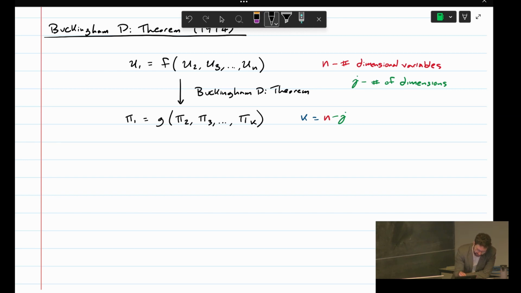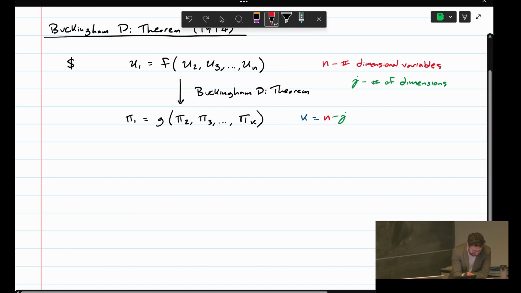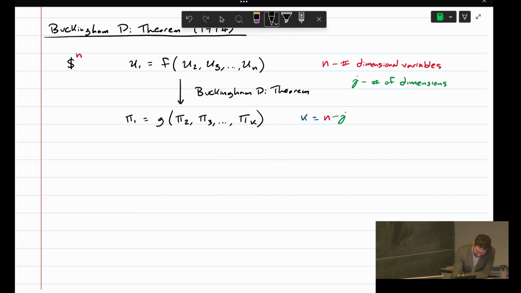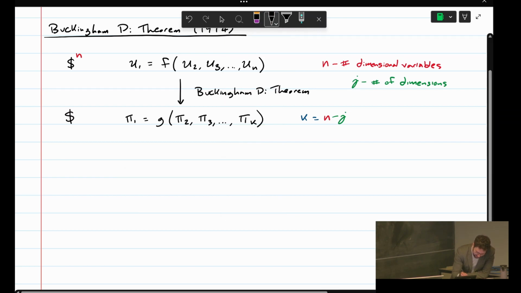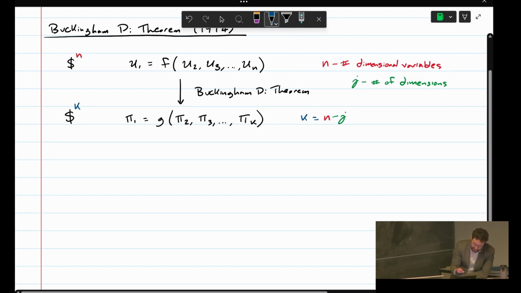Say you want to test 10 different values of each of these parameters to determine a function U1. Let's say each experimental run costs you a dollar. The cost of that first experiment is a dollar to the n. The cost of this experiment here is a dollar to the k, where k is less than n.